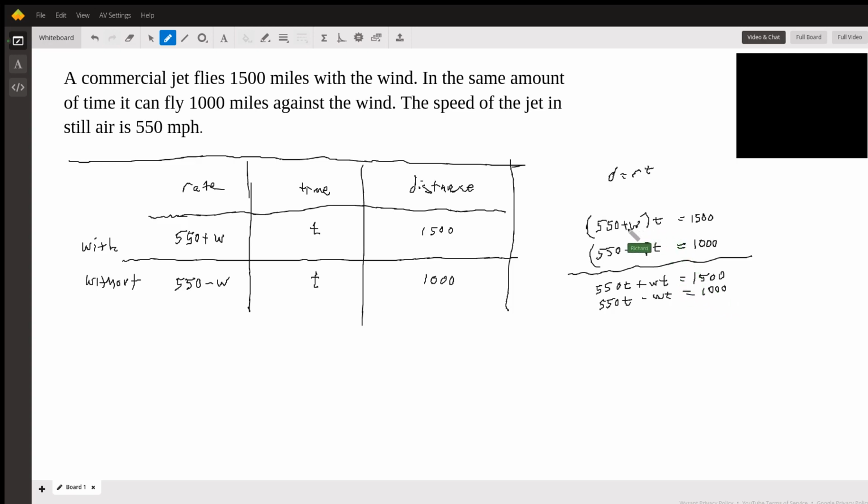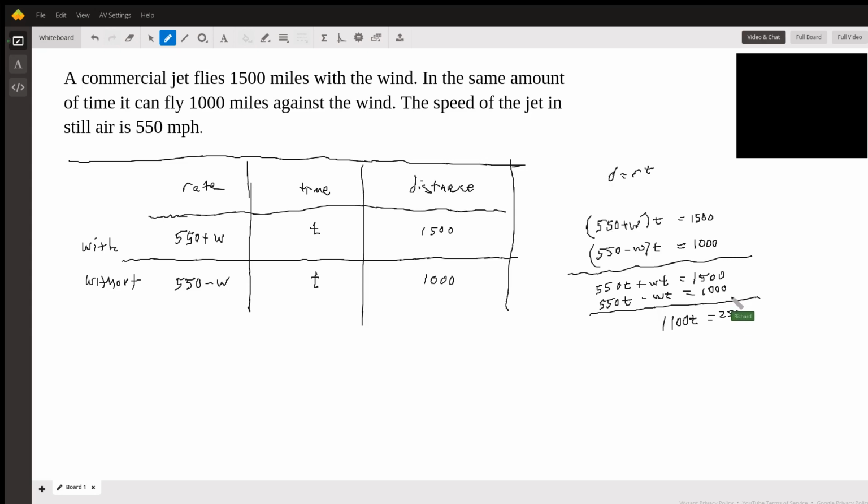All I did was distribute the T. Now if we add those together, you can see we're going to get 550 plus 550 is 1,100T. And you can see these two will cancel each other out. And this is going to give us 2,500.